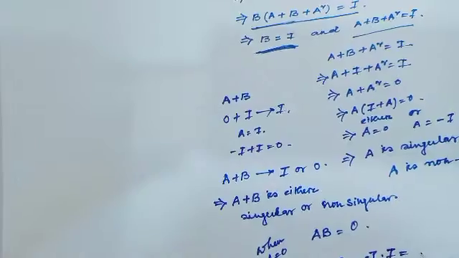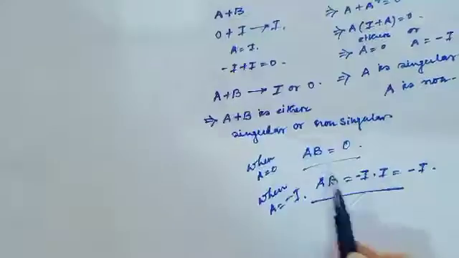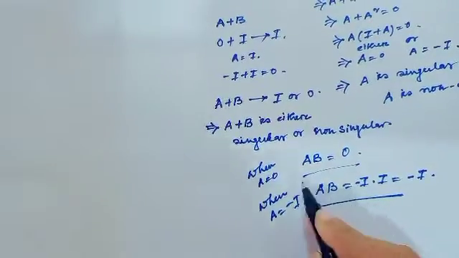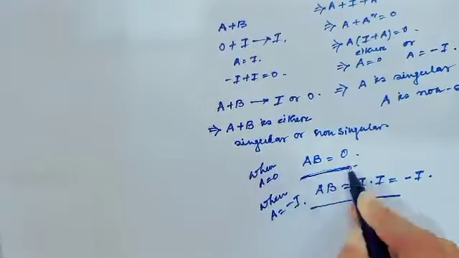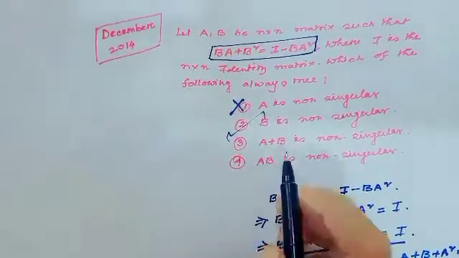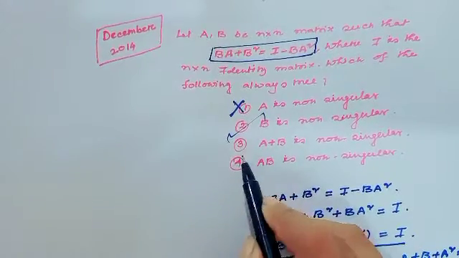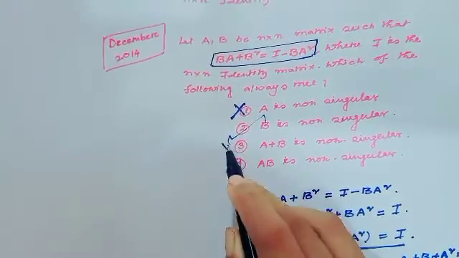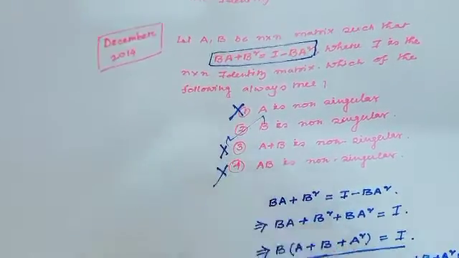That means this would be minus identity. Similar to A plus B, either AB is 0 or AB is minus identity. That means we cannot actually tell about A plus B and AB. That means options 3 and 4 are wrong.